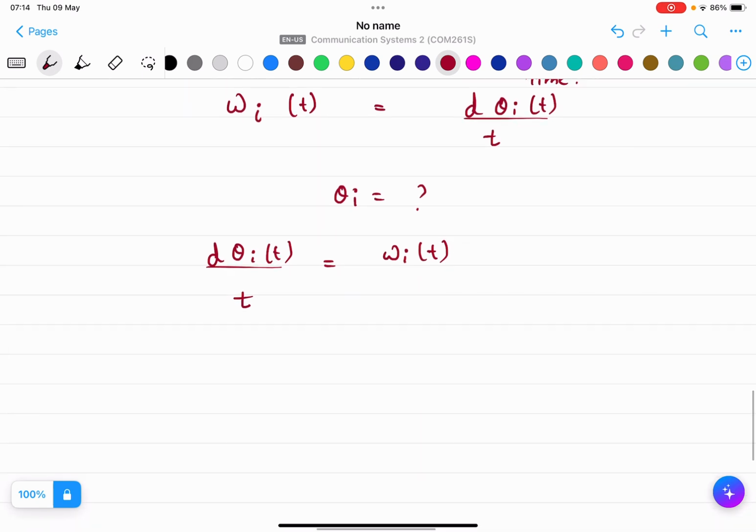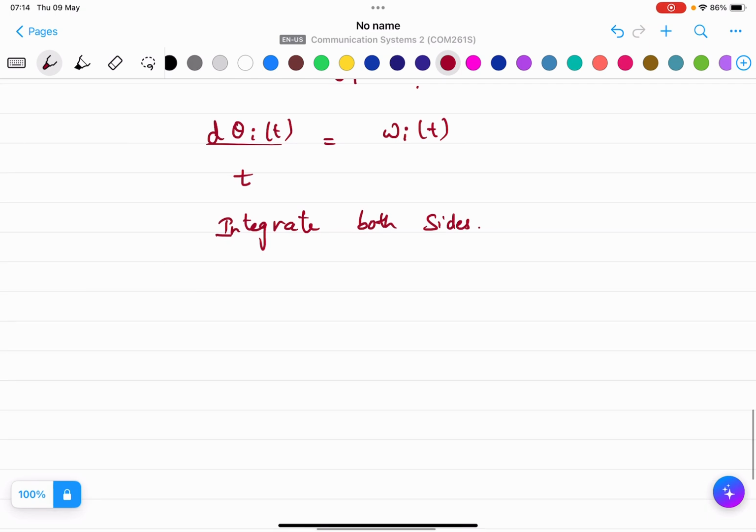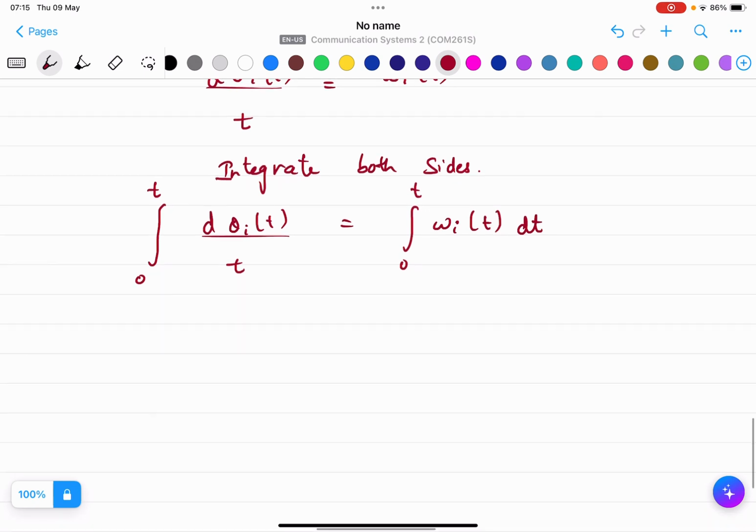Now what I will do, I will integrate both sides, from 0 to time interval t. Okay, let us integrate these both sides.